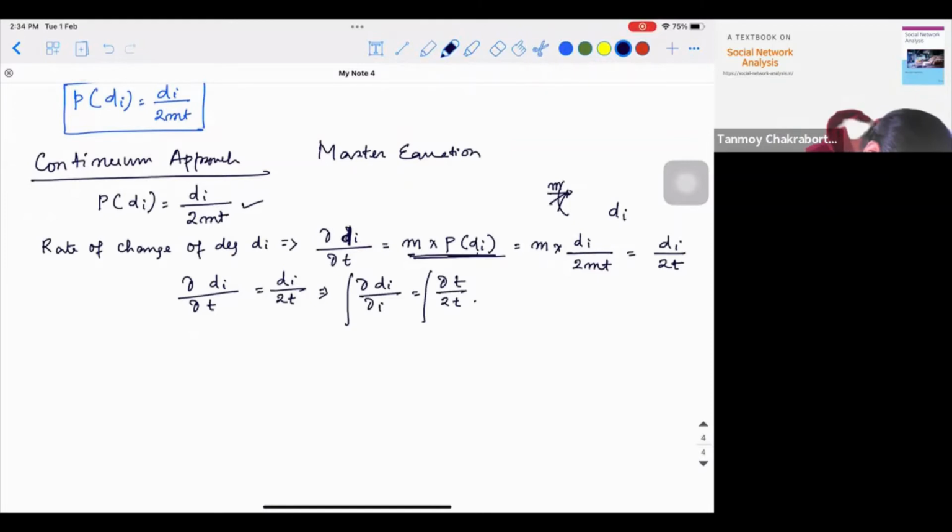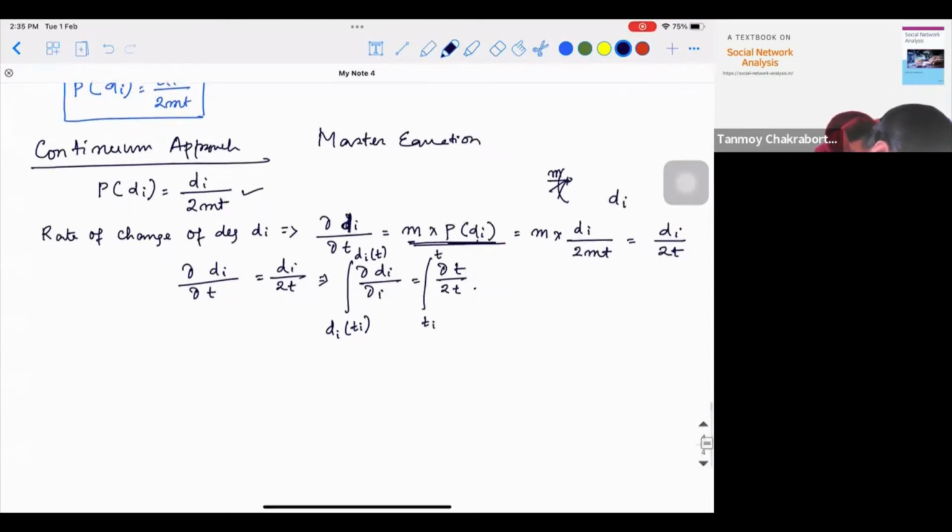And we take the integral where the limit is di(ti), right? I'm telling you what's the meaning of this di(ti). Okay, what is the meaning of ti? ti is the time when node vi has joined the network, right?